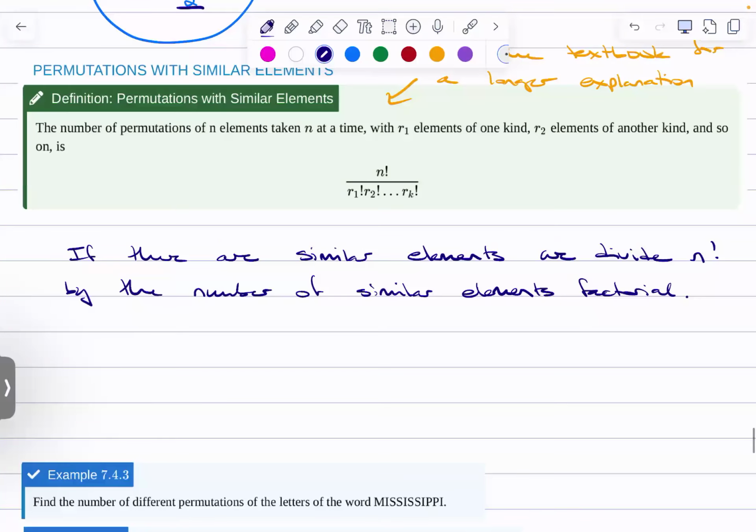I think if I show you an example, it'll be more clear than the words that I just used.